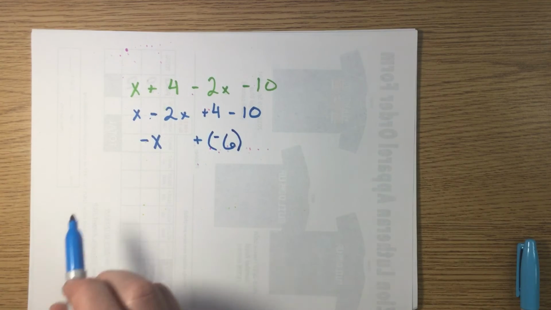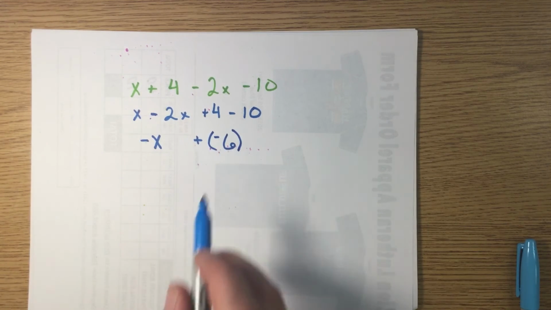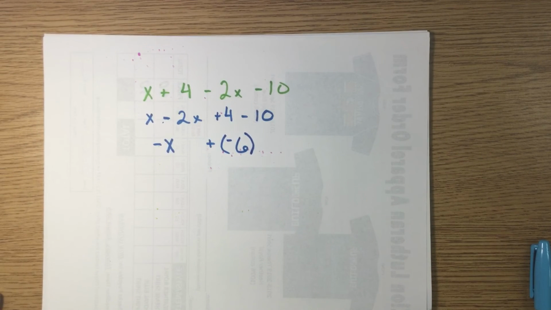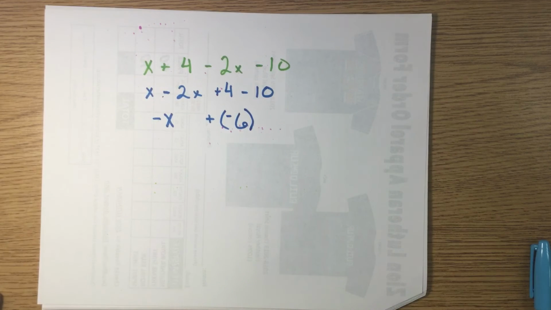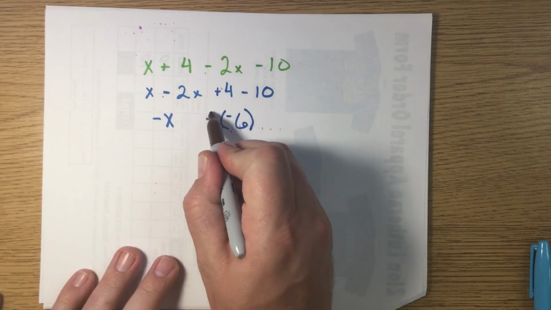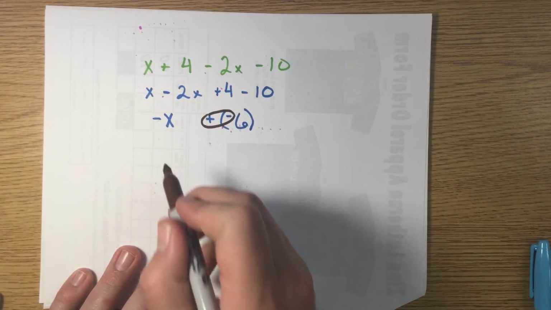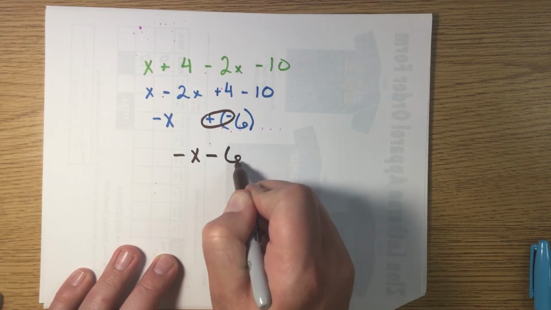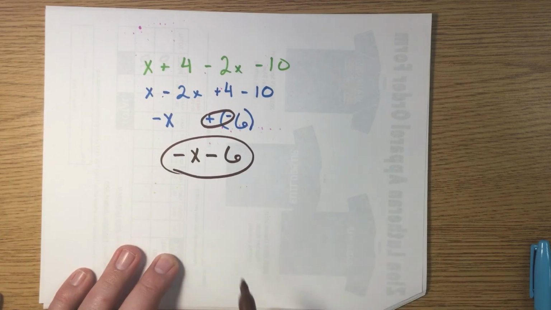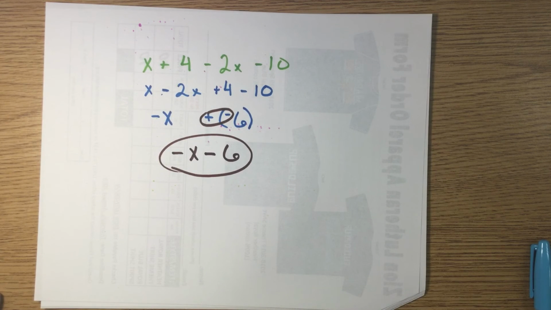So far I'm at negative x plus negative 6. That would be an acceptable answer. However, I would encourage you to simplify one more step. When I have a plus negative, I simplify that and say negative x minus 6 is my simplified equivalent variable expression.